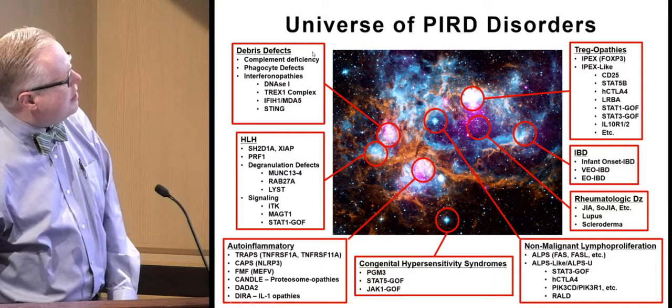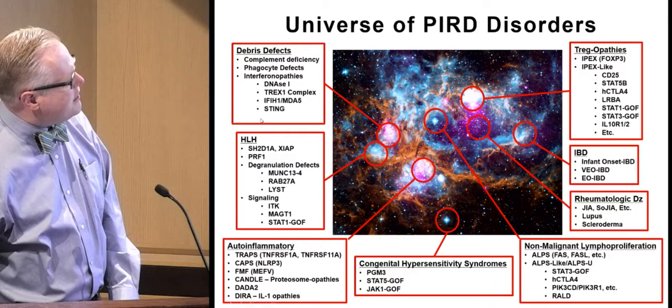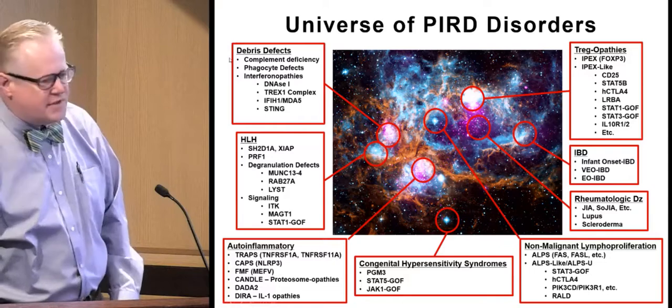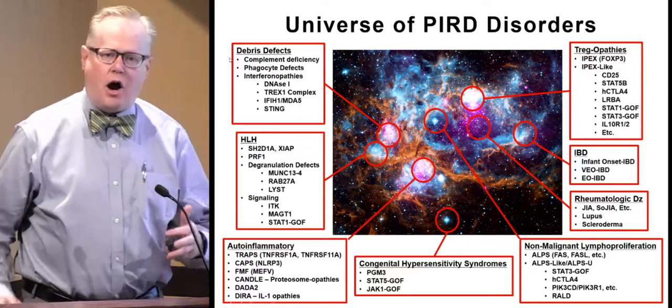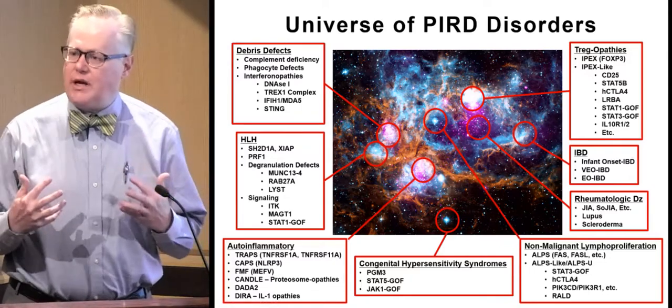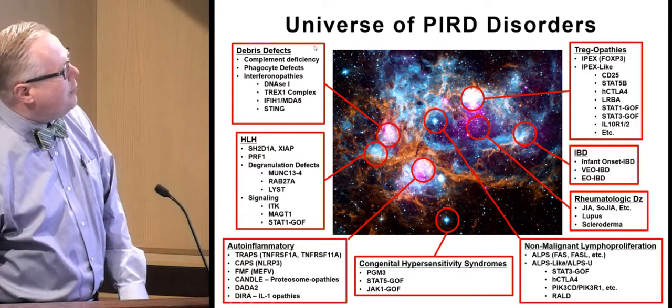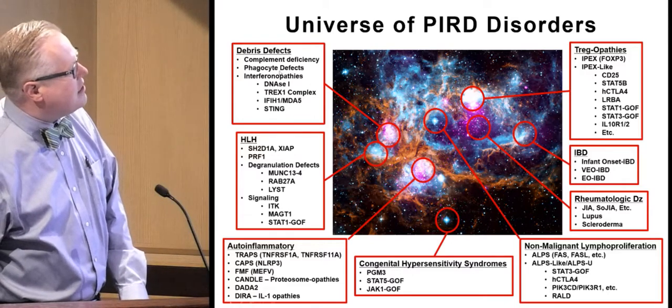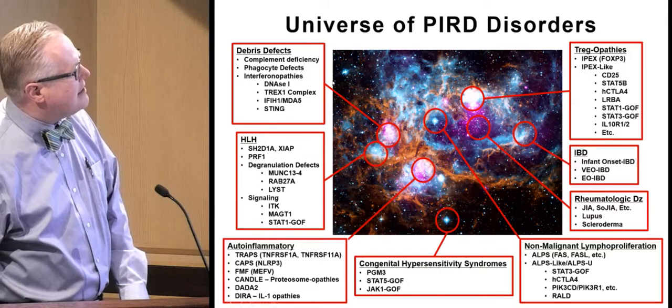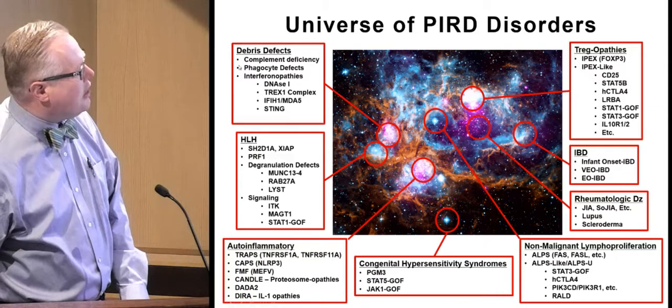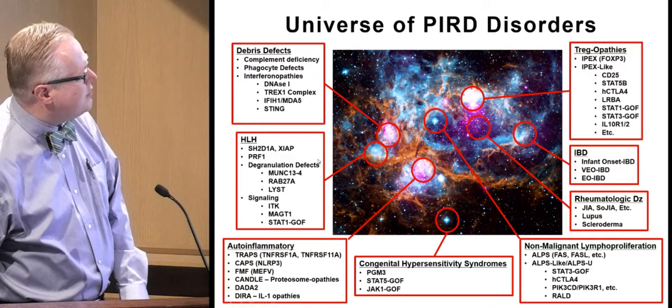There are disorders that I would think of as debris defects. These are problems dealing with our own cellular debris. When you can't deal with your own debris well, you make lots of type 1 interferons, and these are now called interferonopathies. These patients develop lupus and Aicardi-Goutières sorts of syndromes.